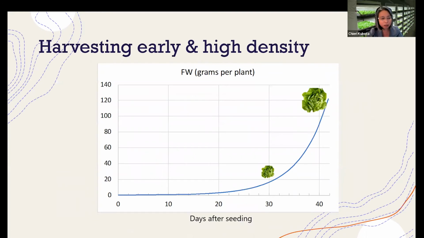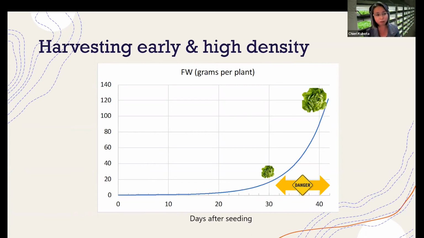So this is, again, one example of a growth curve. As you know, plants grow exponentially, right? They are initially very, very slow, and then maybe several weeks later they start getting into a very fast growing phase. And that huge increase of growth rate actually gives a big risk for tip burn.